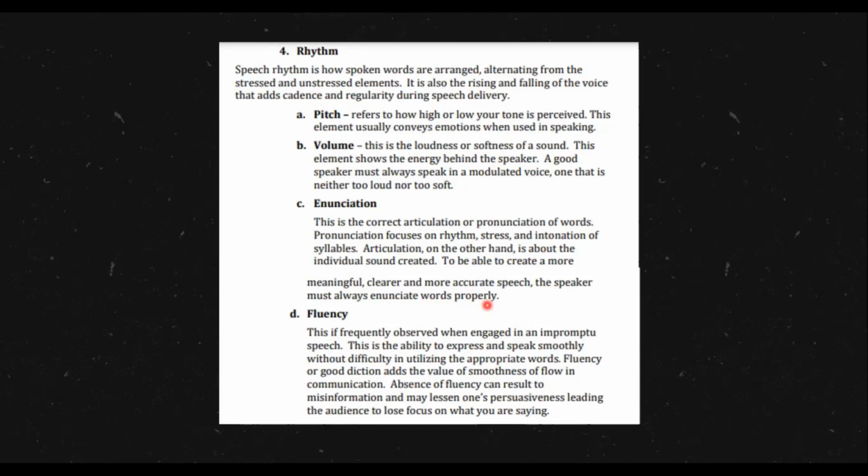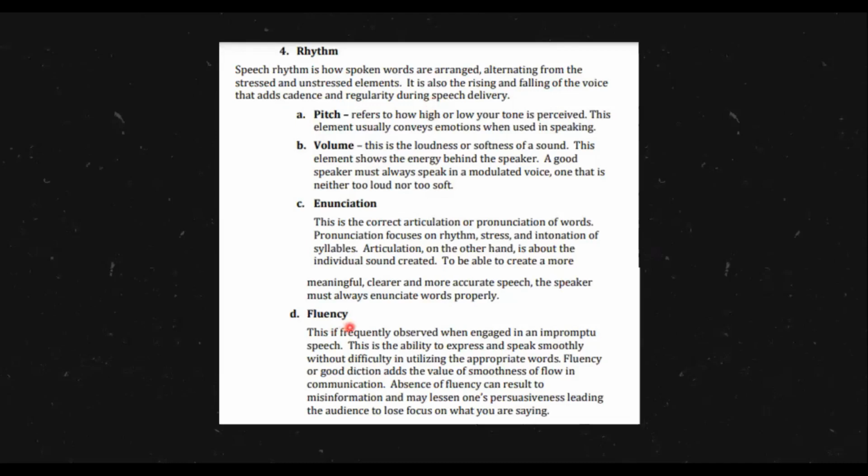Okay? So, if you are not sure about how to pronounce these words, you can search on the internet. Okay? So, there are available pronunciations with audio of different words that can help you know the appropriate pronunciation of a word.